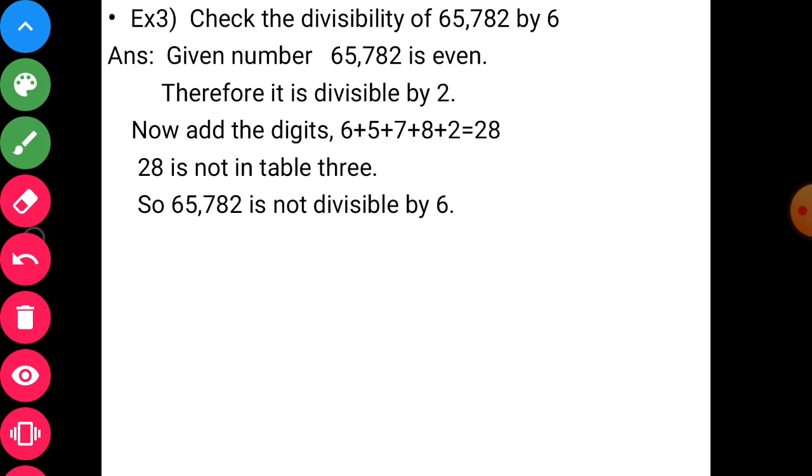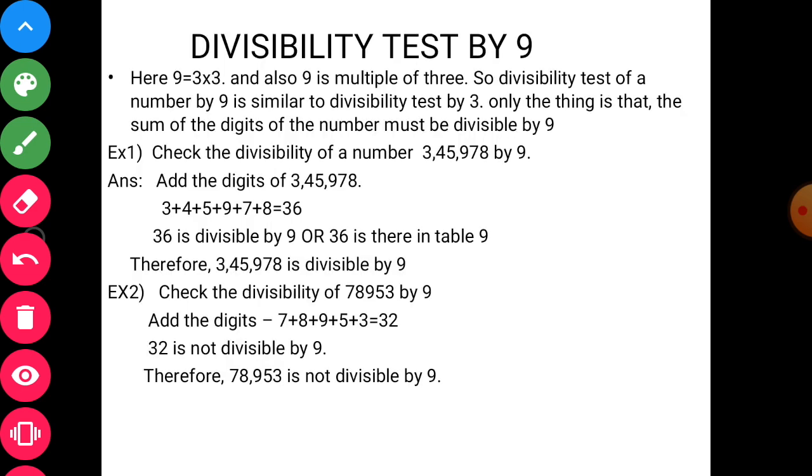Next, by 6 came, no? Divisibility test by 9. Now let us see, here descriptions are there. Here 9 is equal to 3 into 3 and also 9 is a multiple of 3. So the divisibility test of a number by 9 is similar to the divisibility test by 3.